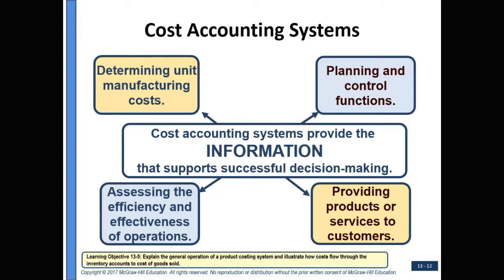All of the information that we use in a cost accounting system comes from the basic accounting information system. Remember, those product costs, those costs that are allocated to the products, are then associated with the cost of goods sold that you recognize from the traditional financial accounting in the income statement.